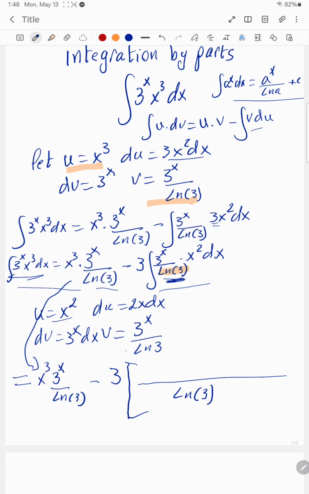My u is x squared and my v is this one, 3 to the power of x over ln of 3. So it becomes x squared times 3 to the power of x divided by ln of 3 minus the integral of v du. So my v is 3 to the power of x divided by ln of 3, and my du is equal to 2x dx. Perfect.